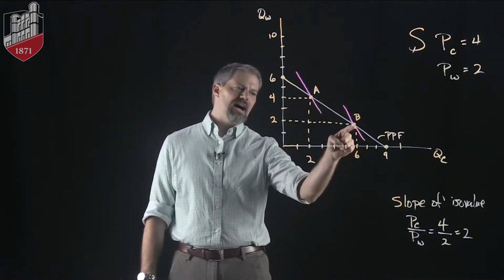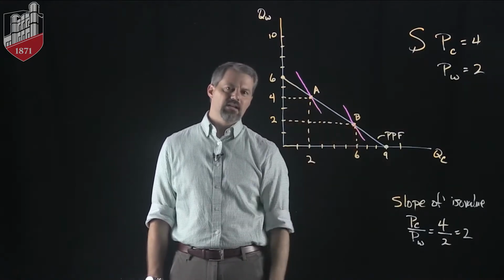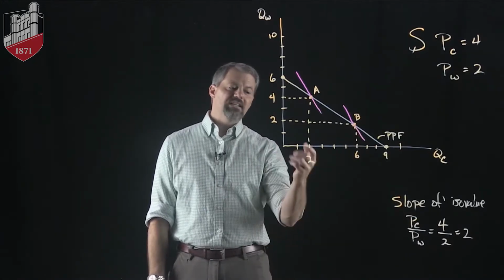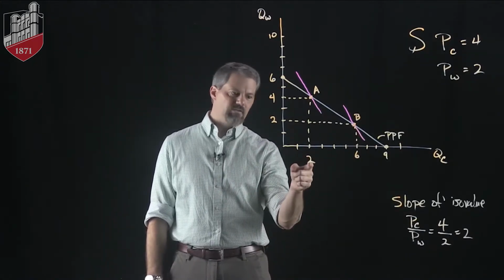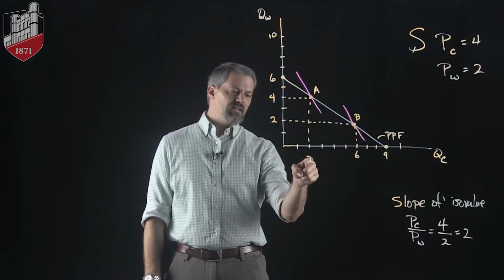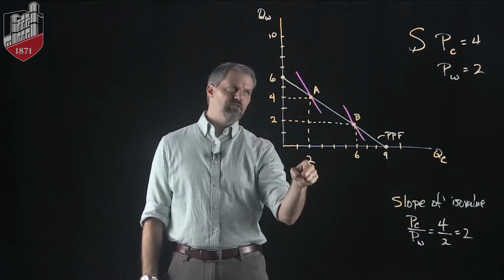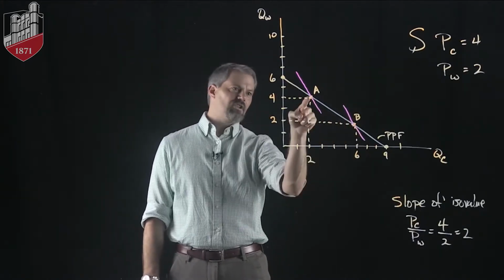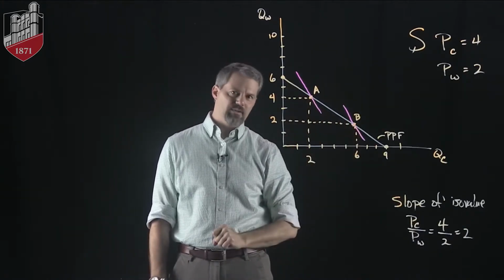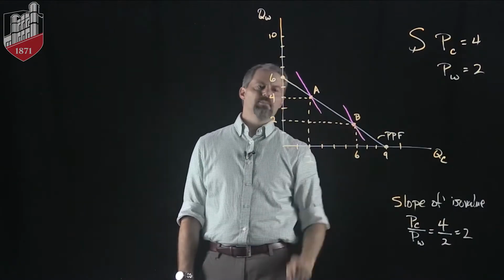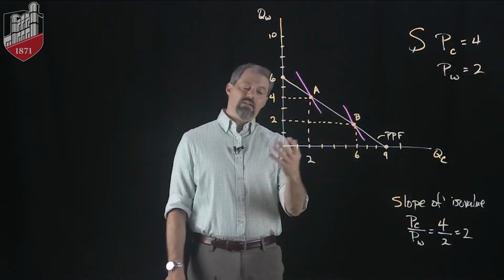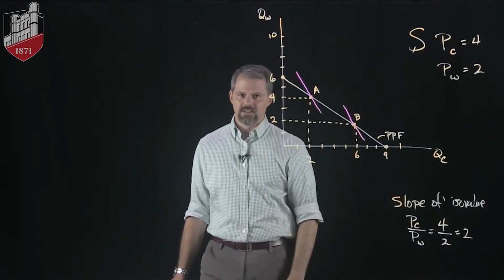Bundle B has a higher value than bundle A. Okay? We could calculate the value of these two bundles, and you can verify that producing 4 units of wine and 2 units of cheese at those prices has a lower value than this bundle B. So they would rather be at bundle B than bundle A, but it turns out there's an even better bundle, isn't there?